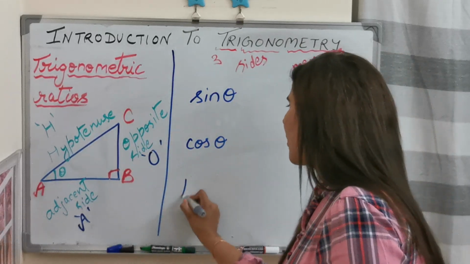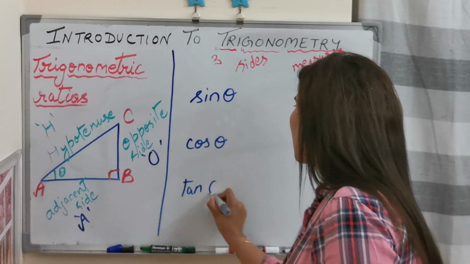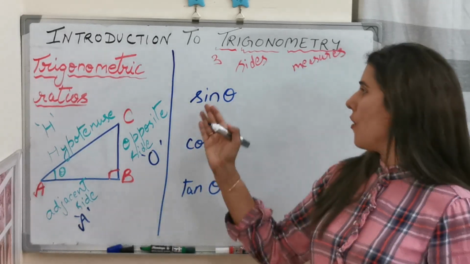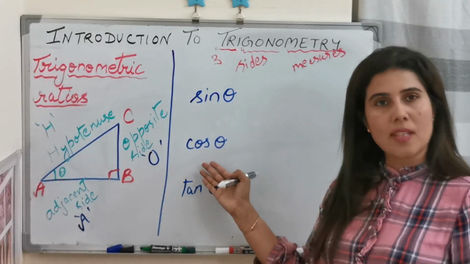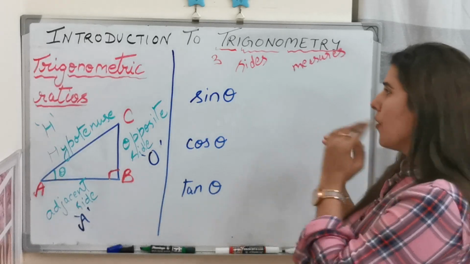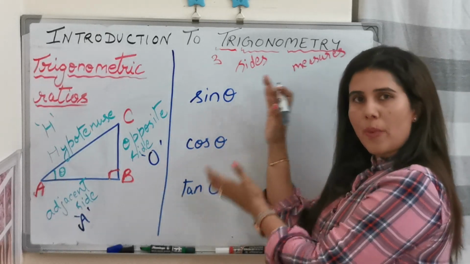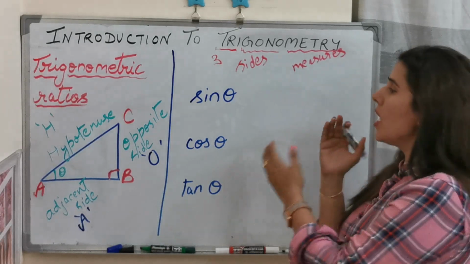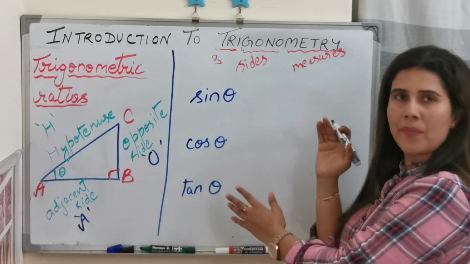The third trigonometric ratio is tan theta. The proper name is tangent theta. First is sine theta, cos theta, tangent theta. Here we will discuss about the 3 trigonometric ratios. Then rest of the 3 trigonometric ratios are just the opposite of these 3.